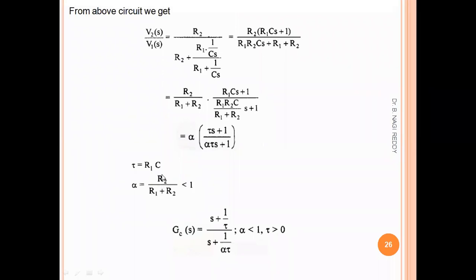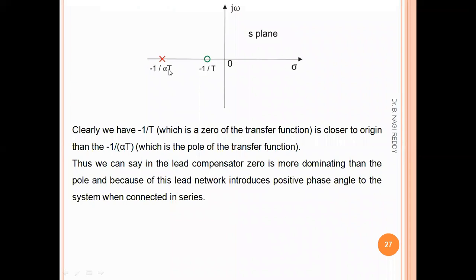That means the numerator is lower than the denominator. That means we will always get alpha less than 1. That means in the denominator, the value is less, then the entire value will be more. Right? So the denominator is less now because of alpha, because we get alpha below 1. Below 1 means we get a fraction.